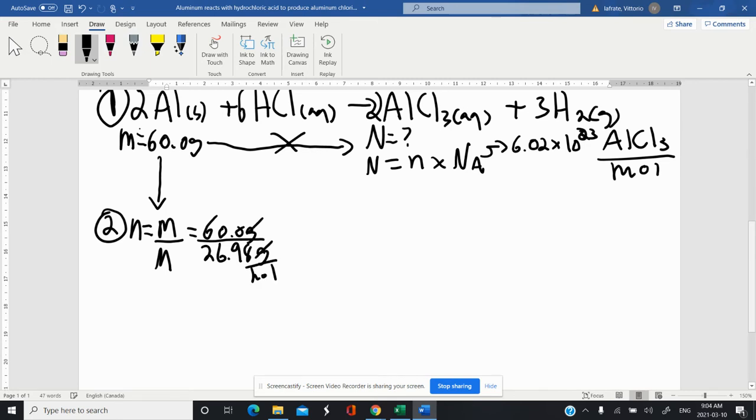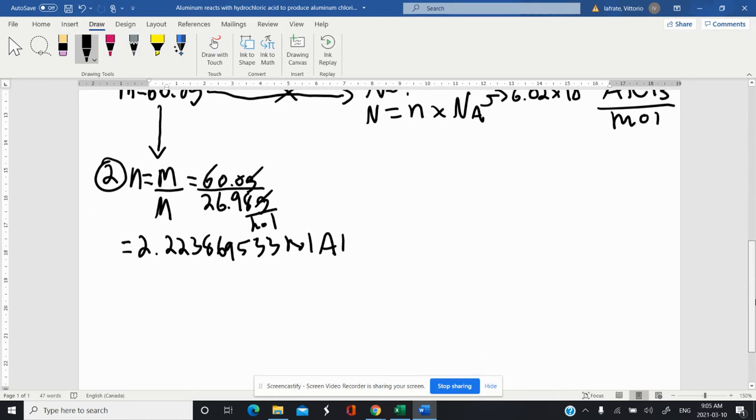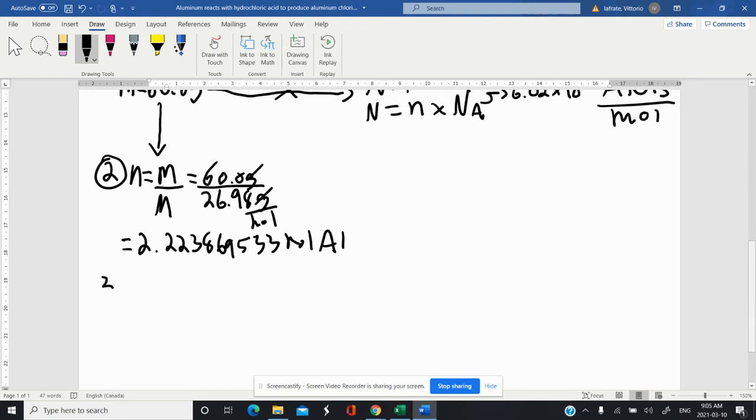Cross that out, cross that out. I'm just going to do it in my calculator again here. So 60 divided by 26.98, and I get 2.223869533 moles of aluminum.